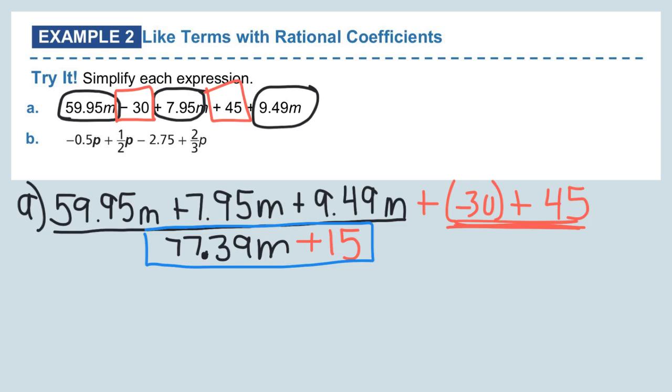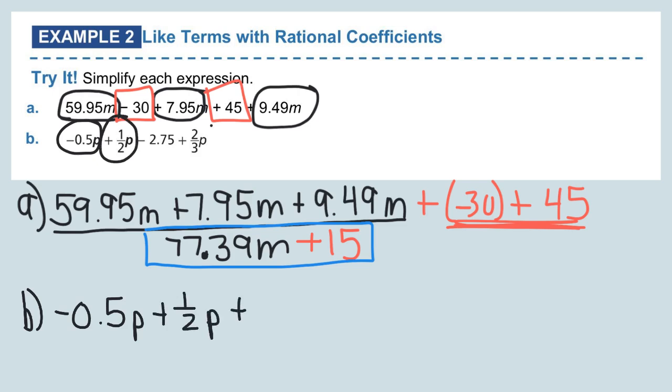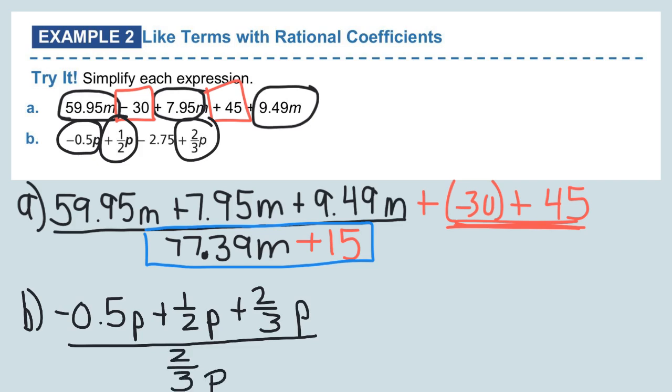Okay, let's go ahead and do letter B. I'm going to add up all these p's. I have -0.5 p, and I have half a p, and I have 2/3 of a p. If you pick up your fancy schmancy calculator, this is going to end up with 2/3 p, but I wonder if it gives it to you as a decimal.